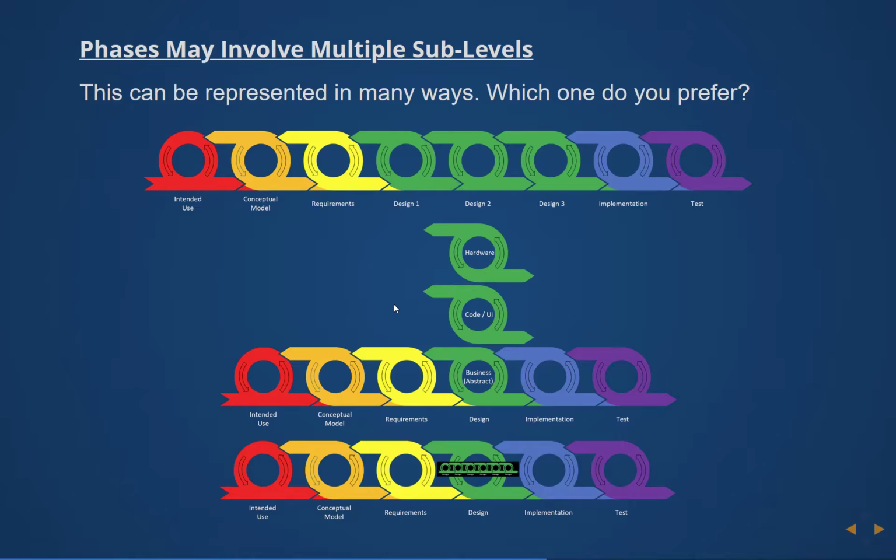So think of we're designing some sort of computer system. We have to think about things at the abstract or business level. What information do we need? What actions do we take?